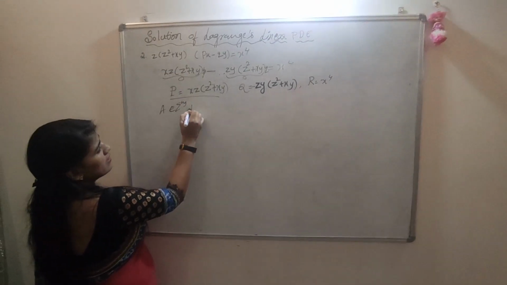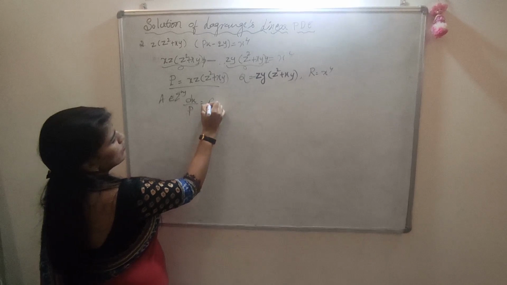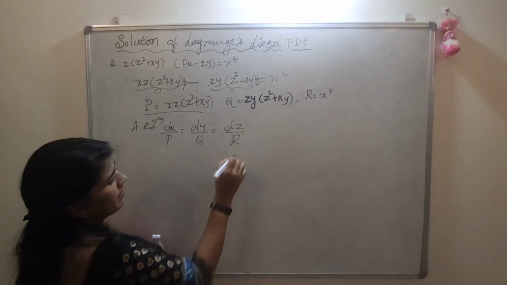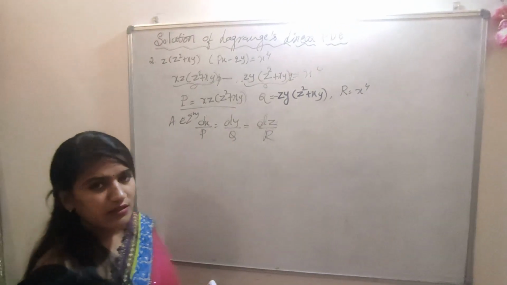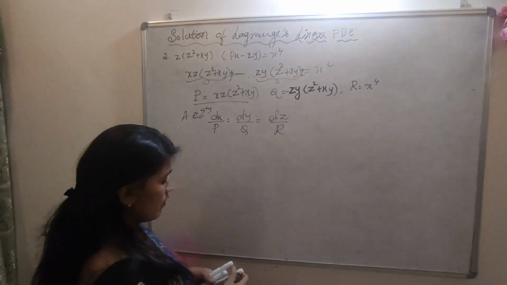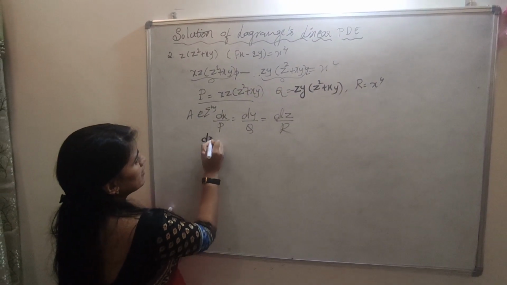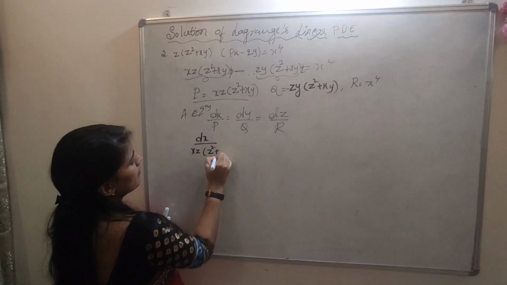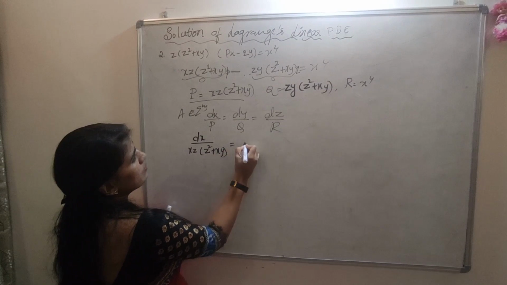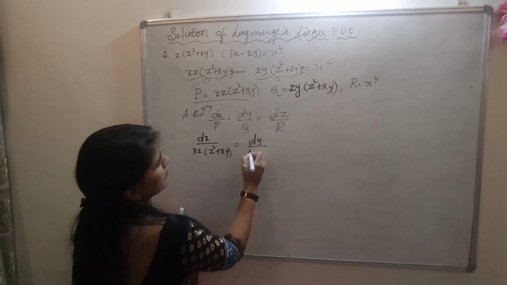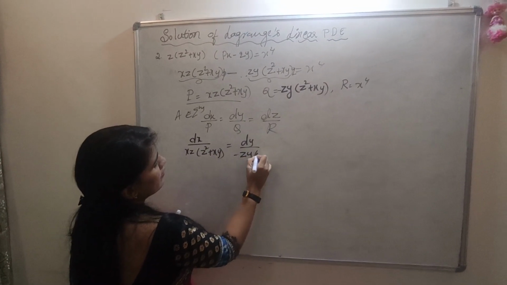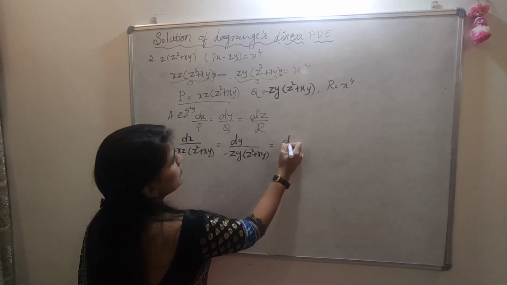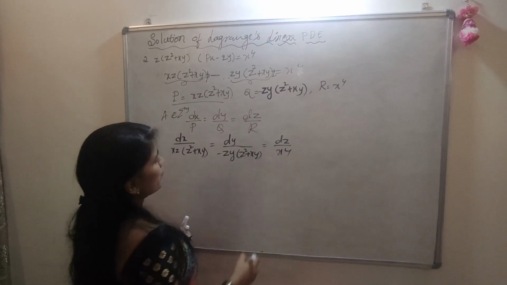Next, consider the Lagrange auxiliary equations. Auxiliary equations are dx by P is equal to dy by Q is equal to dz by R. This is the Lagrange's linear differential equation. Now, I will substitute it: dx by P, P is xz of z square plus xy, is equal to dy divided by minus zy of z square plus xy, is equal to dz by x power 4.